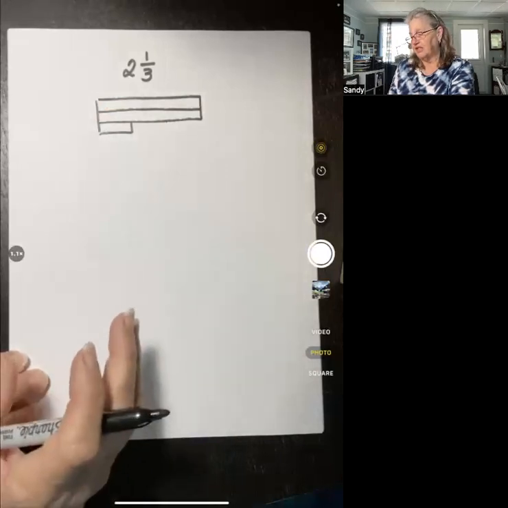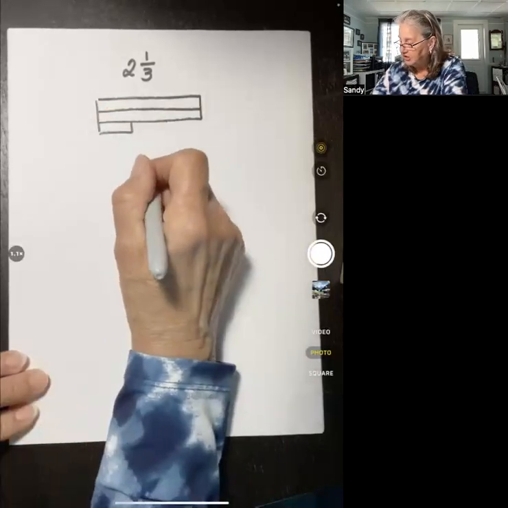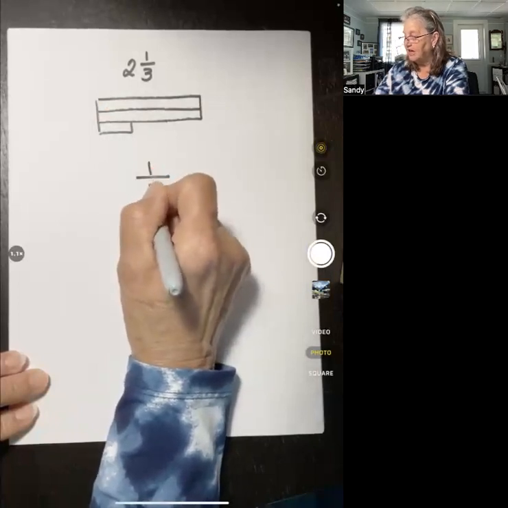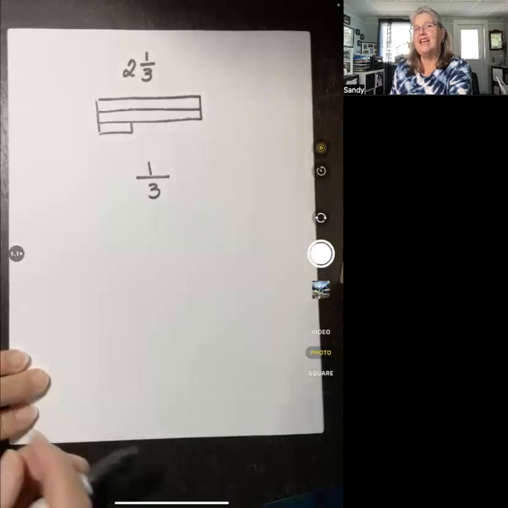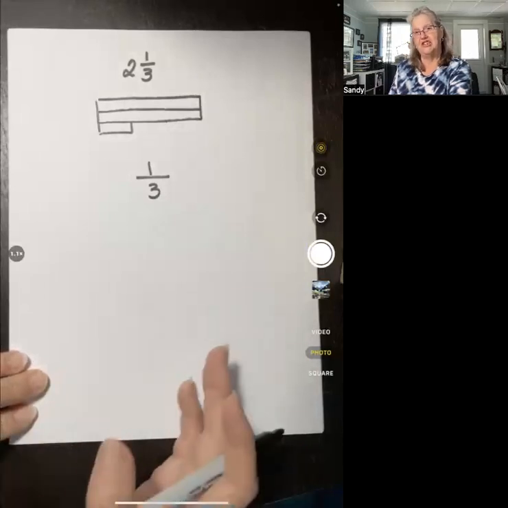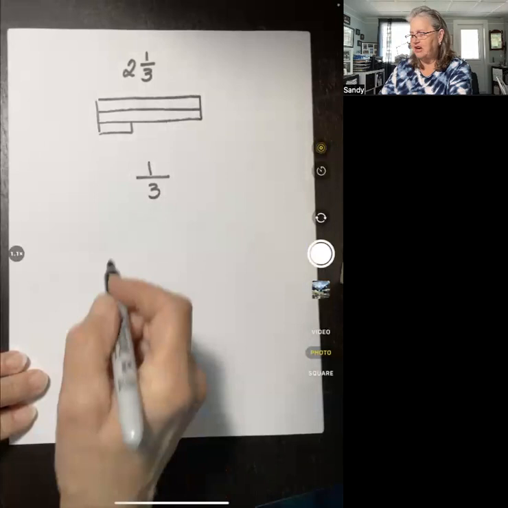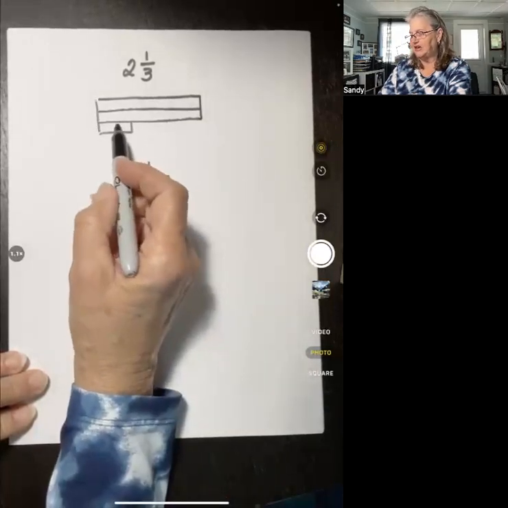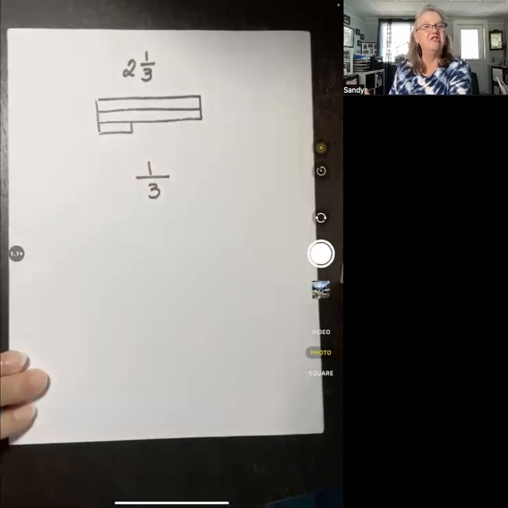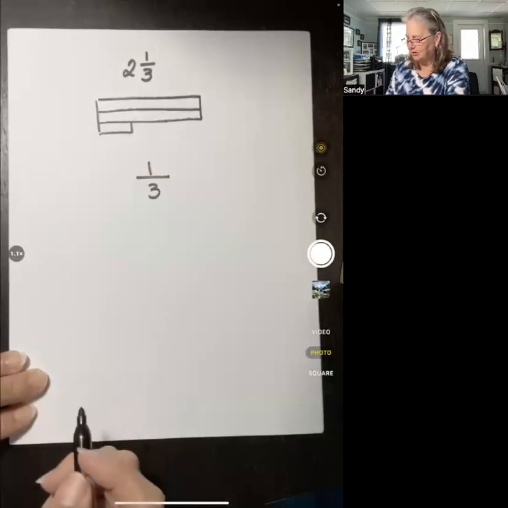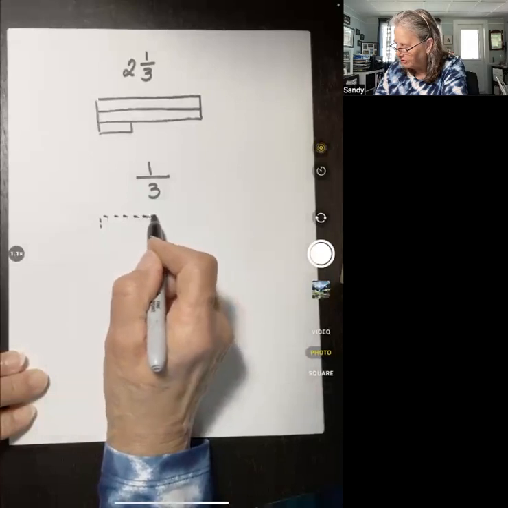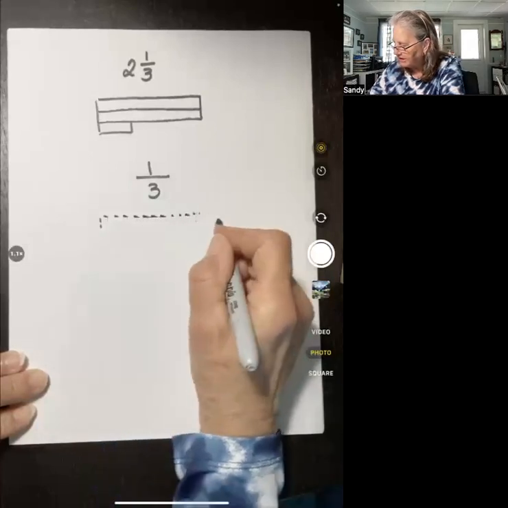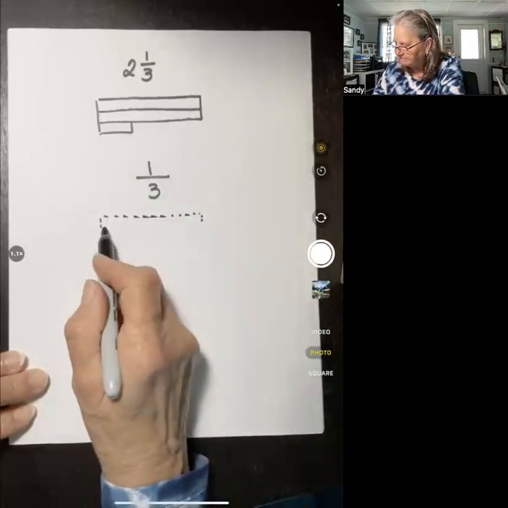The trick with some of these is what would a picture of just the 1/3 look like while it's on its own? A lot of times we use shading to show a fraction in relation to the whole. If you just draw a picture of this piece, how do I know what size it is if I don't know what the whole was? So the whole is important. What I do is I draw a dashed line for the whole when I'm drawing fractions less than 1.